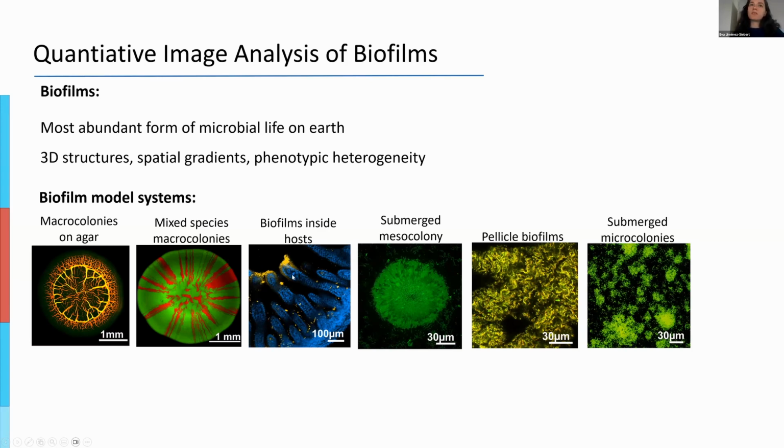How does the host influence the biofilm structure? But also on the smaller scale, submerged microcolonies or mesocolonies that have on their own very characteristic structure, or pellicle biofilms that have already very different rugosity and very different properties that then also influence how the bacteria behave inside of them.